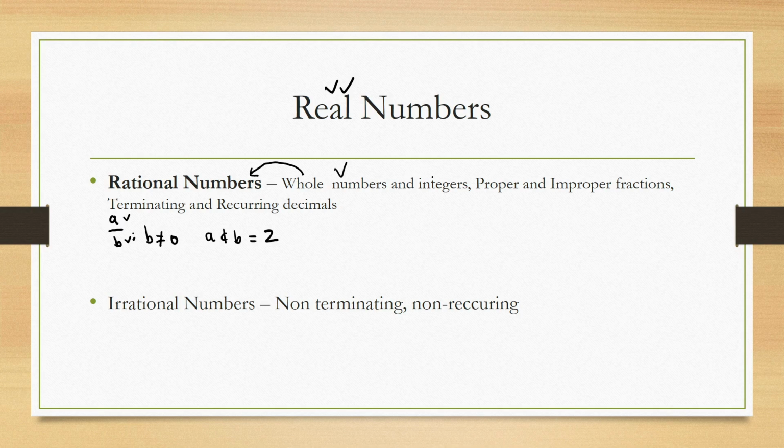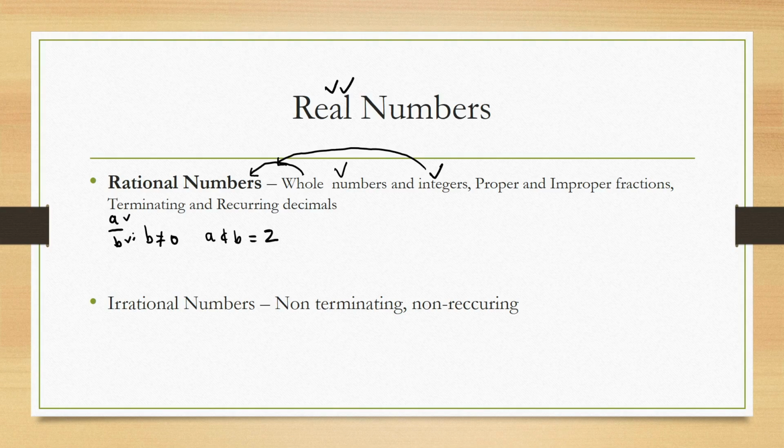Whenever you see an integer, that integer can always be categorized as a rational number. Whenever you see a proper or an improper fraction, those can always be classified as a rational number. Again, whenever you see terminating and recurring decimals, they can always be classified as a rational number.